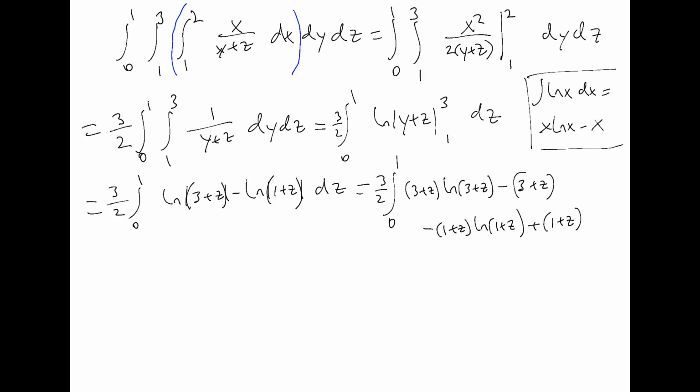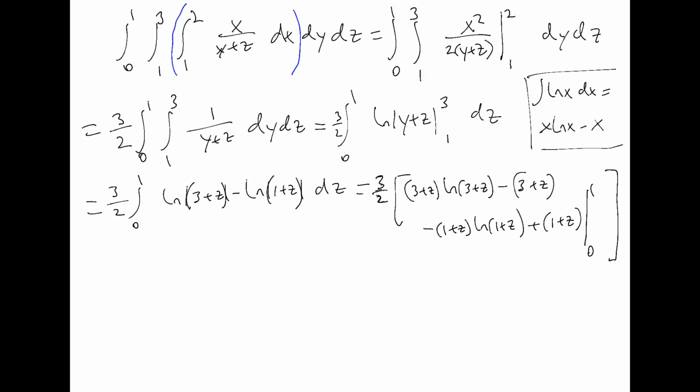Okay, so I have integrated already, so I should not have written my integral sign. So this should be 3 over 2 times this whole expression, and this should be evaluated between 1 and 0.